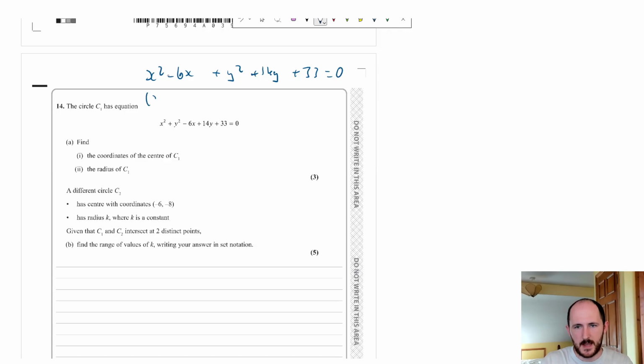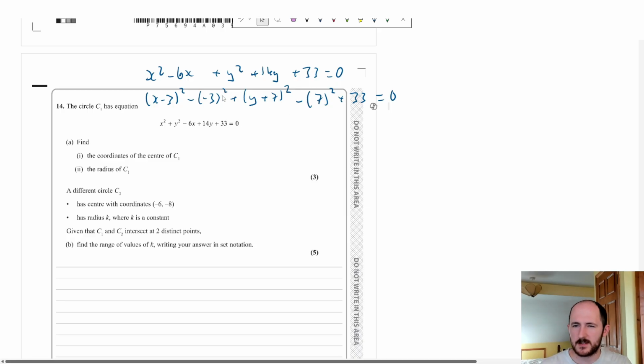We've got x, and then we half the number in front of the regular term, minus 3 squared plus y plus 7 squared minus 7 squared plus 33 equals 0. Actually, it's going to be minus 9 minus 49 is minus 58 plus 33 is negative 25.